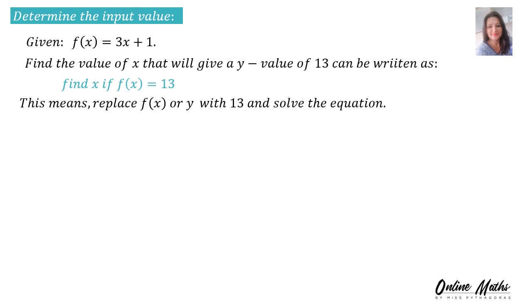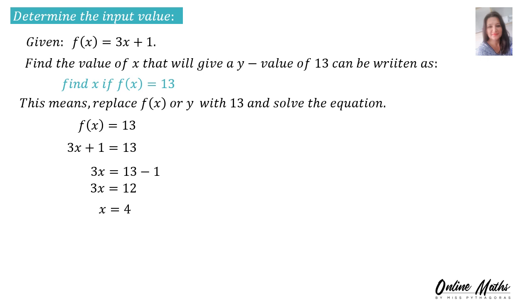This means replace f of x or y with 13 and then solve the equation. So you end with f of x is equal to 13, therefore 3x plus 1 is equal to 13. And now we will solve the x. So the plus 1 will walk across, it becomes negative 1. 13 minus 1 is 12. Divide away the 3. x is equal to 4.